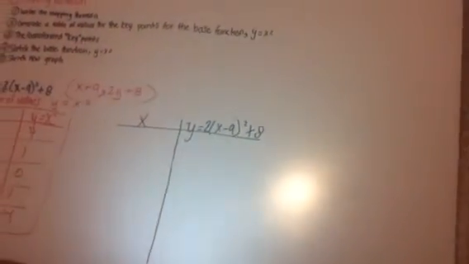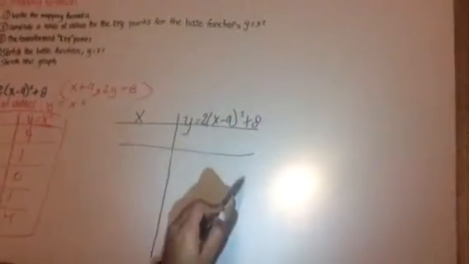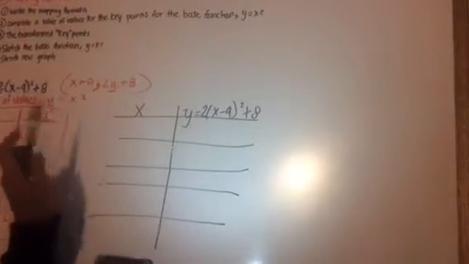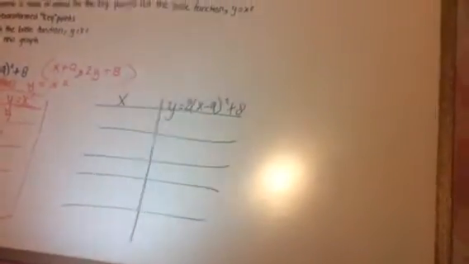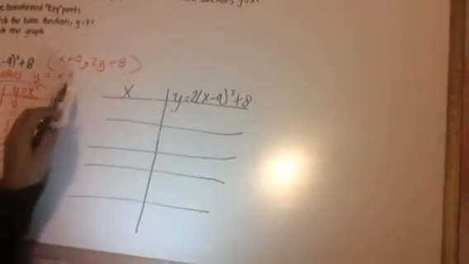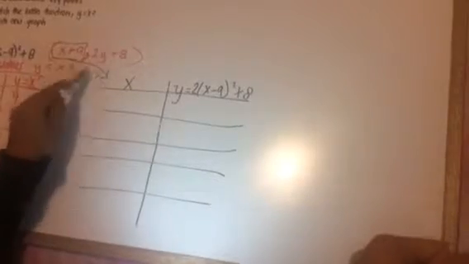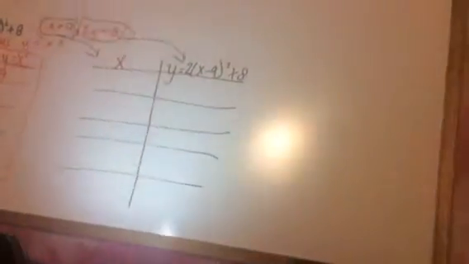Now we're going to use this formula to find the points for this graph. Remember that this equation goes with this, and this part always goes with this.